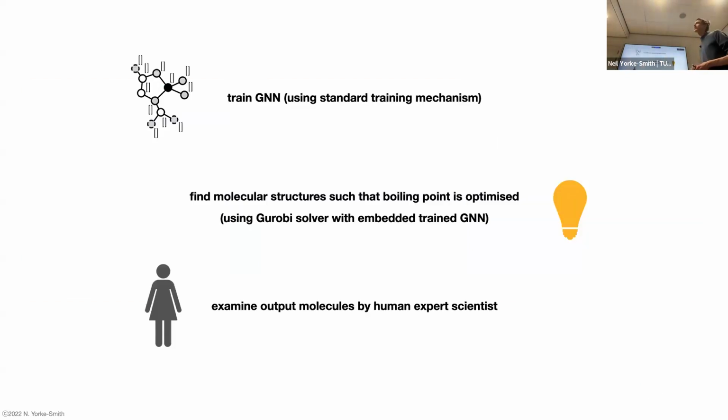Okay, so this is your standard pipeline. This is what professional chemical engineers will do. They'll train a standard graph neural network using standard methods, SGD. So the idea is you do lots of experiments, you know about lots of molecules, you use this data about all the molecules known to humanity, and you train a graph neural network. Why? Because this graph neural network can now predict or uncover unknown molecules.